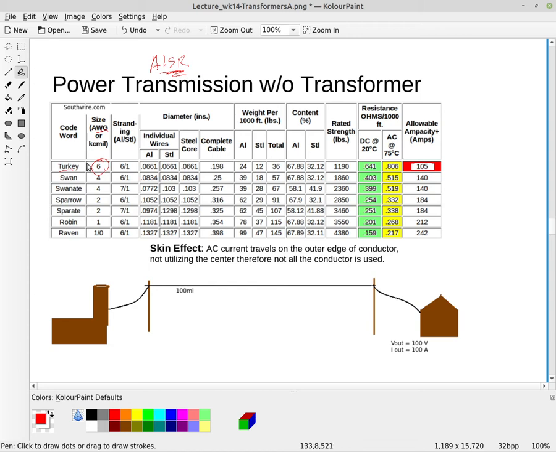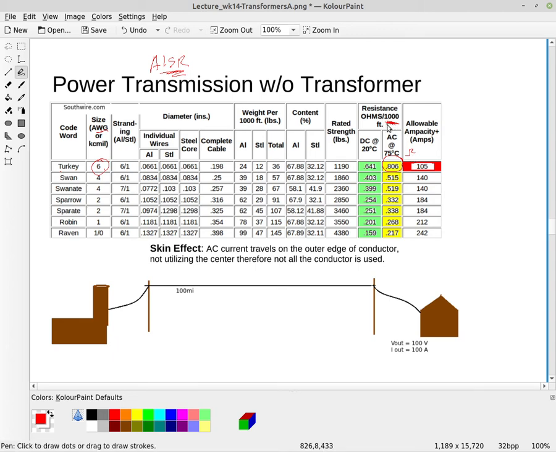It's got a code name of Turkey, don't really know why, but this tells you for every 1,000 feet it has about 0.806 ohms, 0.806 ohms for every 1,000 feet.